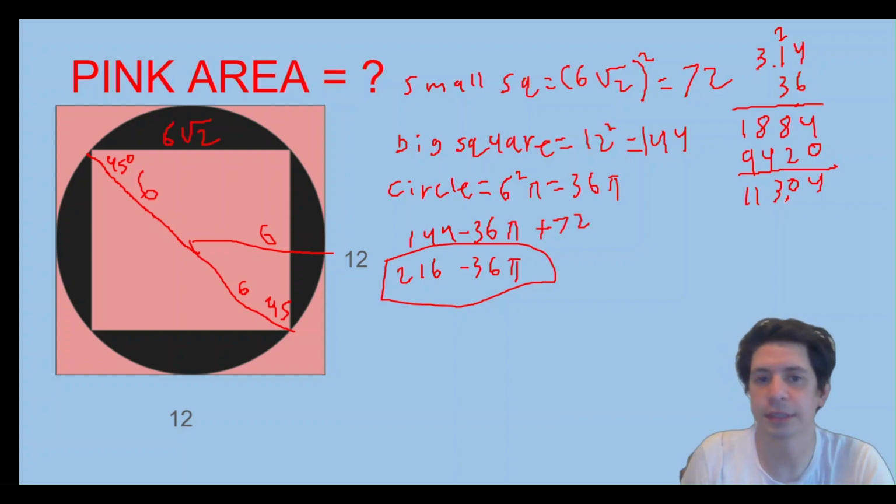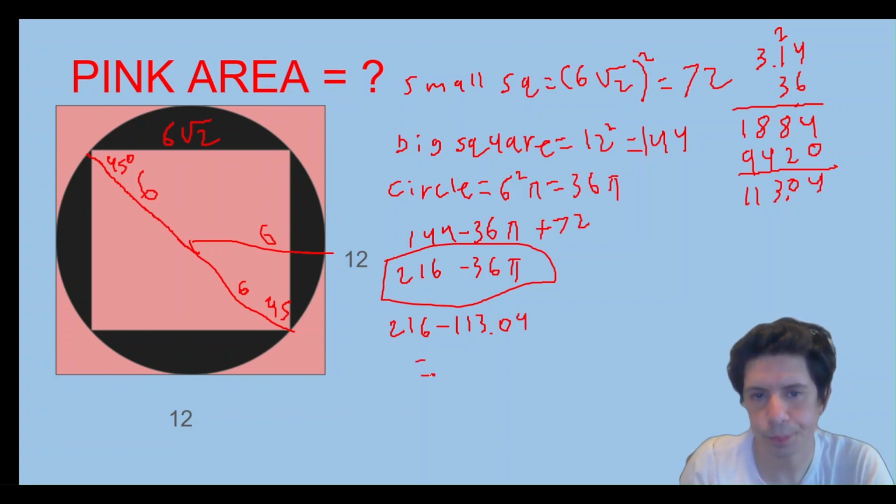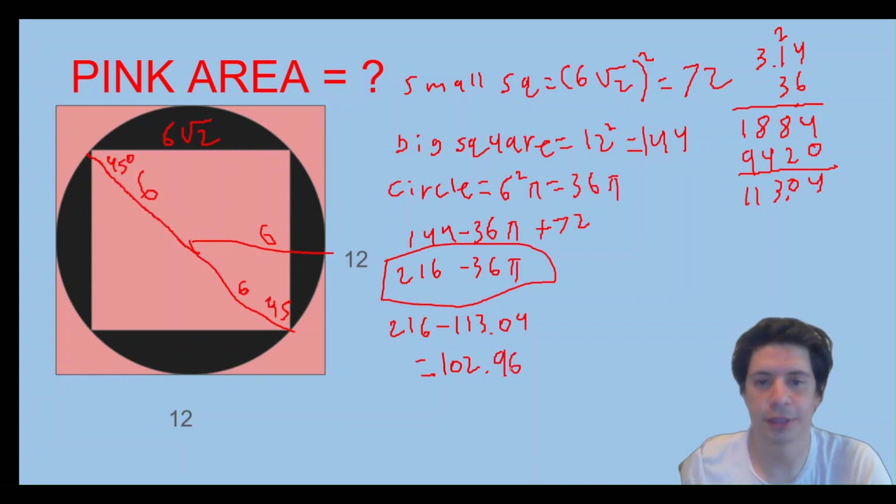So it is 216 minus 113.04, and that gets us 102.96. If you have any questions on this question or the one before, let me know.